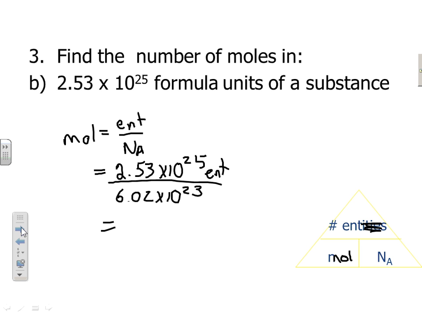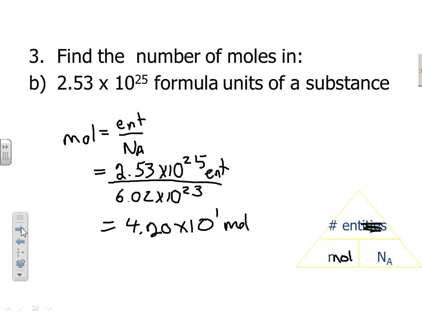4.20 and times 10 to the 1? 4.20 times 10 to the, and you don't need to put 0, 1. You can just leave it as 1. And what is the unit? What did I just find? Moles. Says it right at the front. Moles. That's scientific notation. That's fine. Your calculator is set for scientific notation.